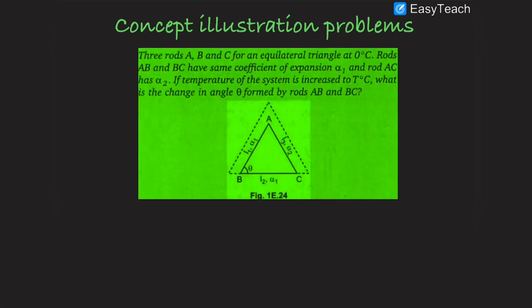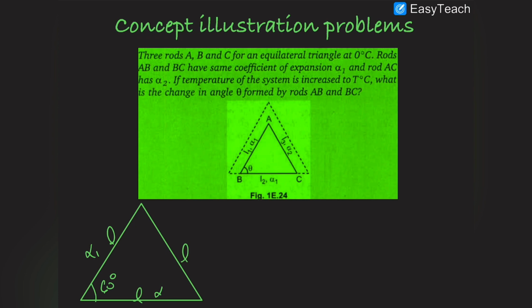In this question, you can see that there was an equilateral triangle initially. This triangle has the sides L and L and L, and this angle is obviously 60 degrees initially, and the coefficient of expansion of this side is alpha 1 and this side is alpha 1, while the coefficient of expansion of this side is alpha 2.